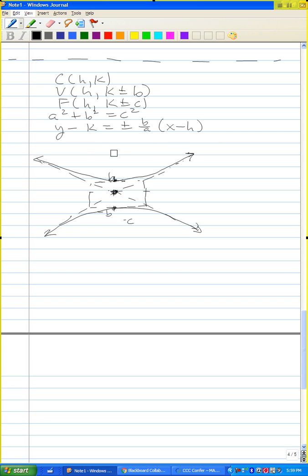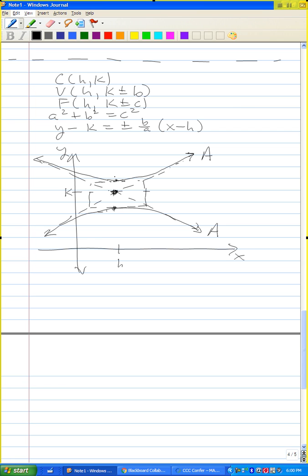And suppose that the center is at (h, k). And so here are my asymptotes.